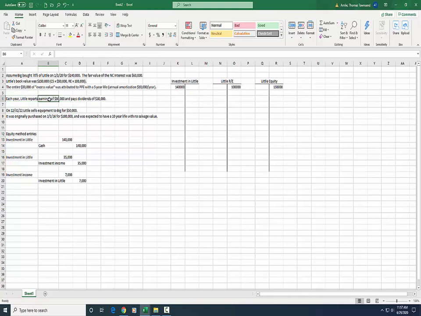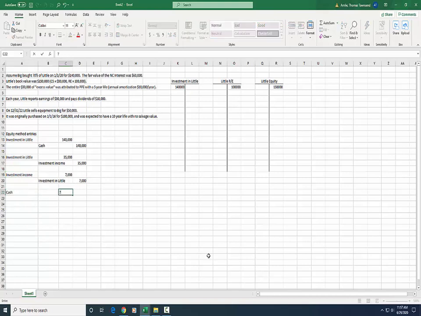When they overstated their income, that means that we, by consequence, overstated our investment income. So basically we're backing out that excess income that was erroneously reported because they had understated their depreciation expense. And then finally we have our dividends.